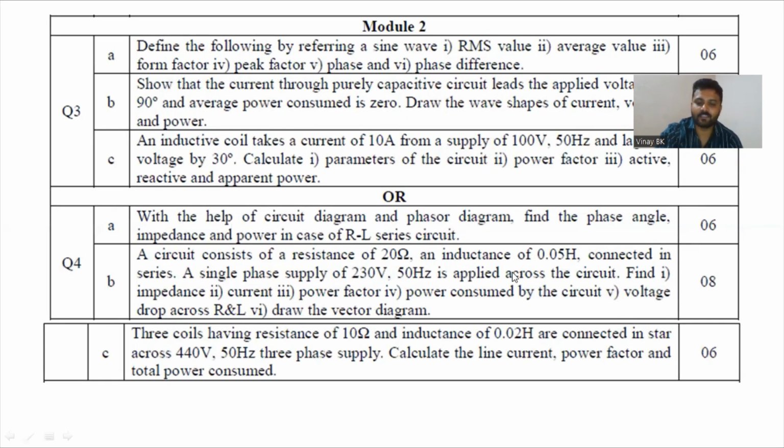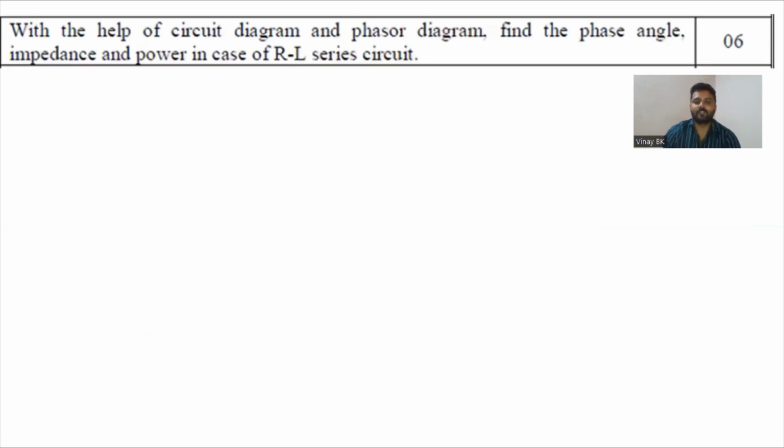They only mentioned with the help of circuit and phasor diagram, RL series circuit and phasor diagram. So now RL, a circuit which consists of resistor and inductance in series across voltage source with a frequency of 50 hertz. Okay, so let's draw the circuit diagram.